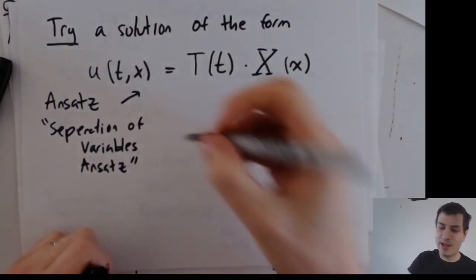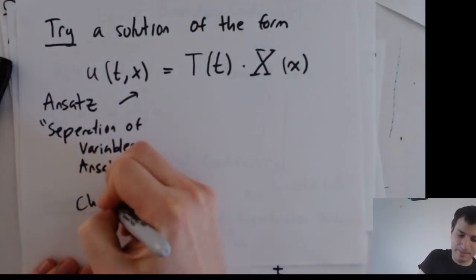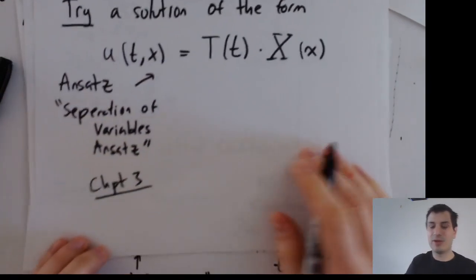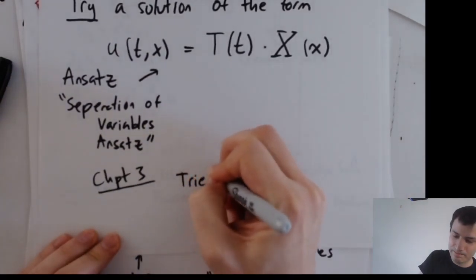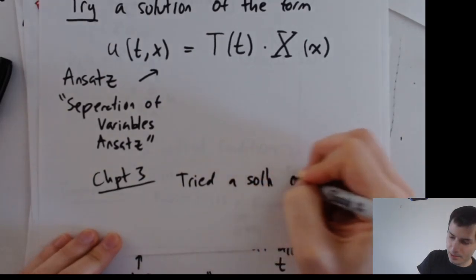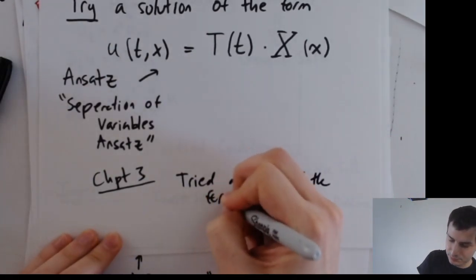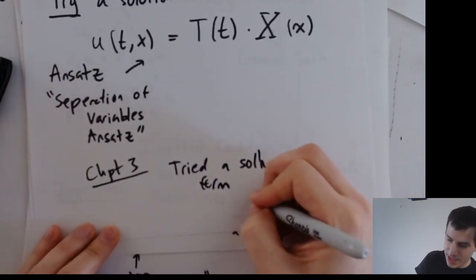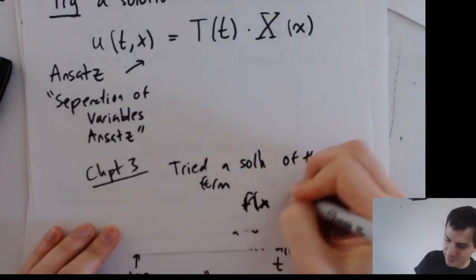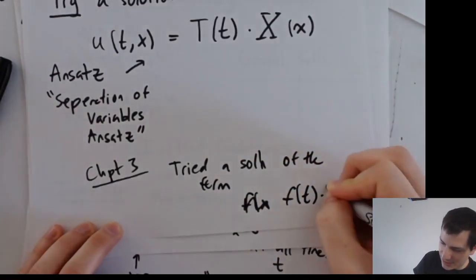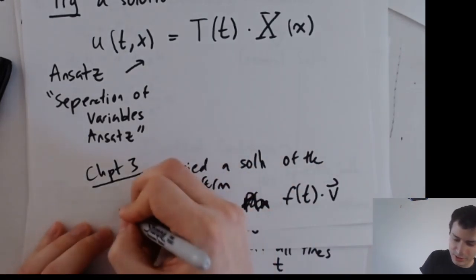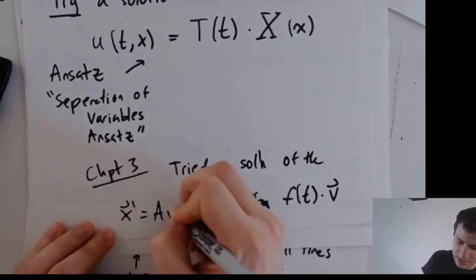And this should totally remind you, by the way, in chapters 3 and 4, we tried a solution of the form f of t times v. We tried a solution like this. So this was for x prime equals Ax.